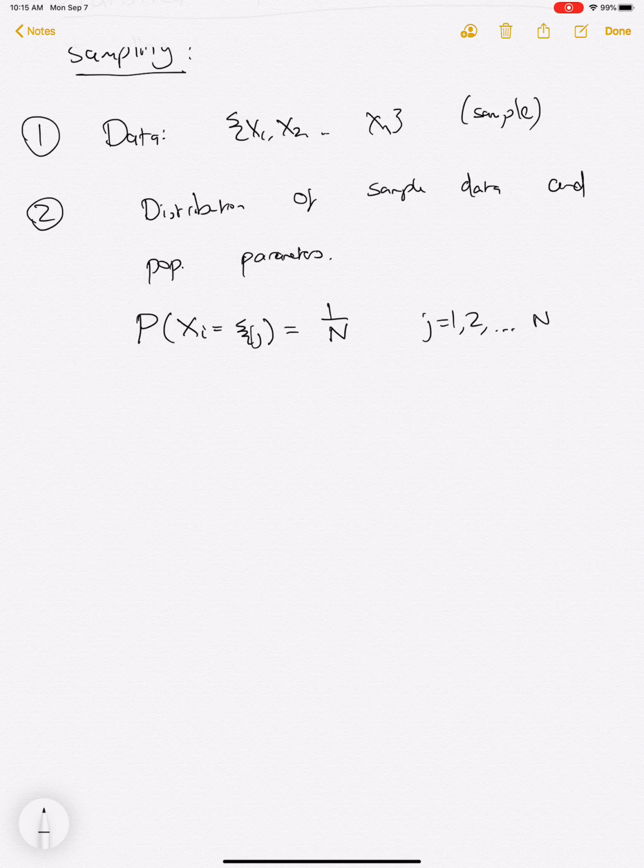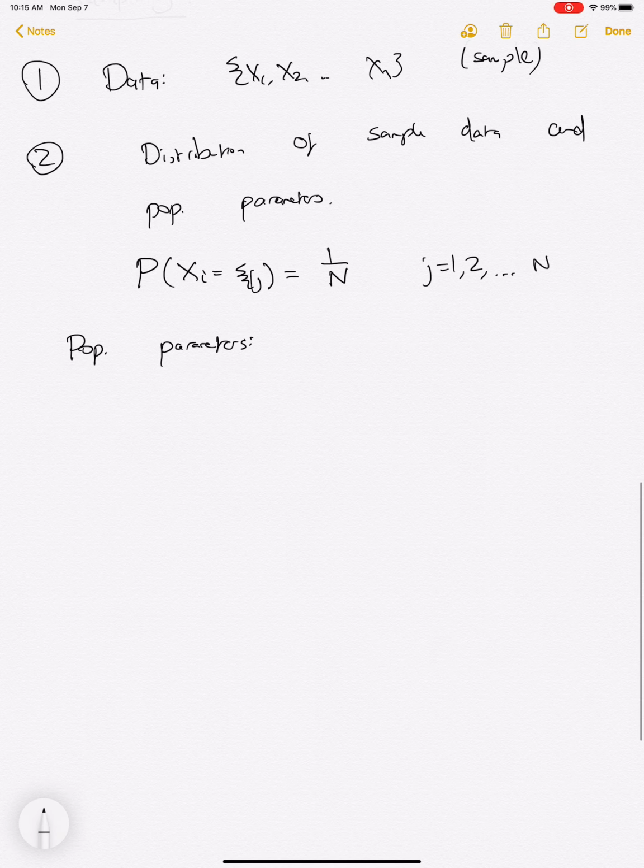And so what that means is that we can define the population parameters. Firstly, we can define the population mean, which is the expectation of xi, which is just the average of the psi's, taken over big N. I'm going to try to use the subscript j for the population and i for the sample, just to distinguish and make sure the notation doesn't get too confusing.